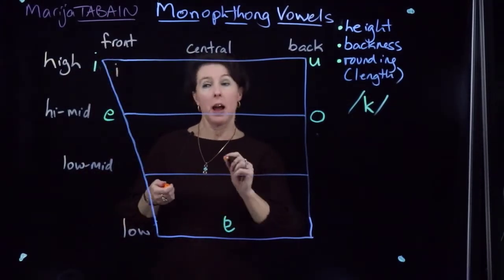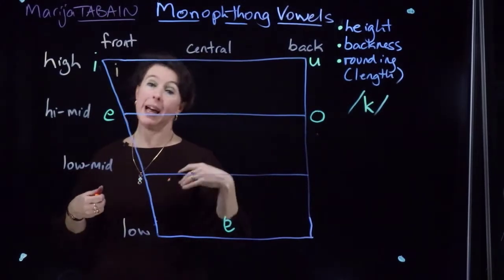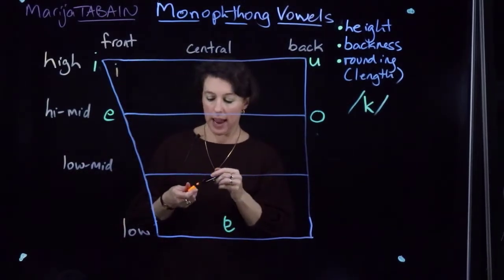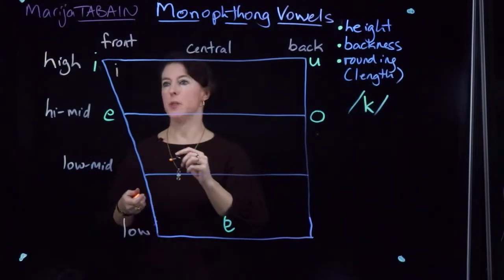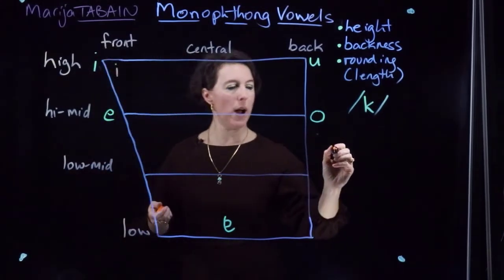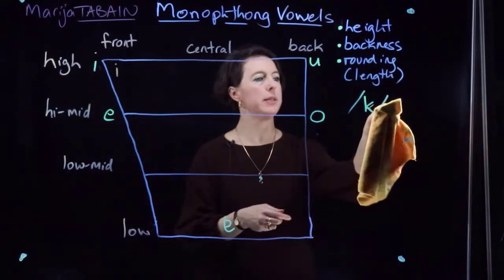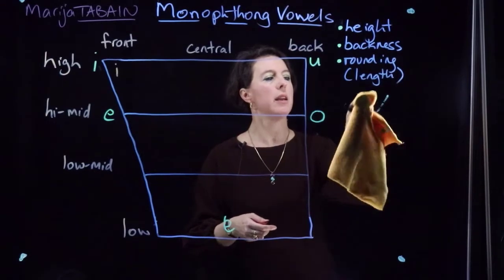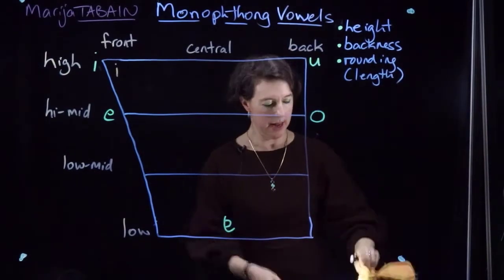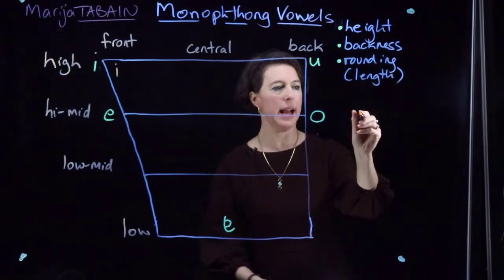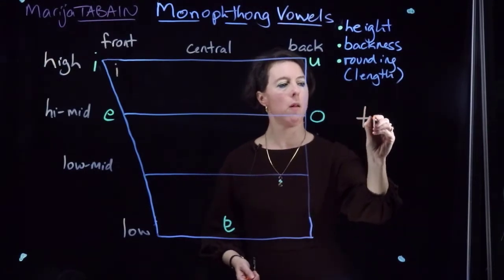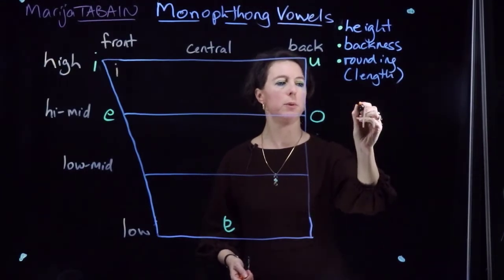That's the sort of vowel that you might get in a word like tea, like, can I have a cup of tea, please? So we would write the word tea. I'll just rub out this K for now. I'll put this between slanty brackets.